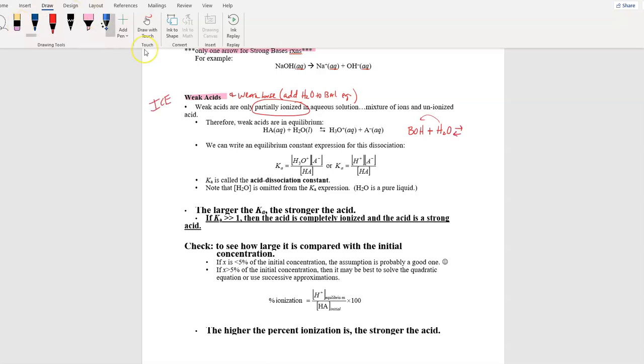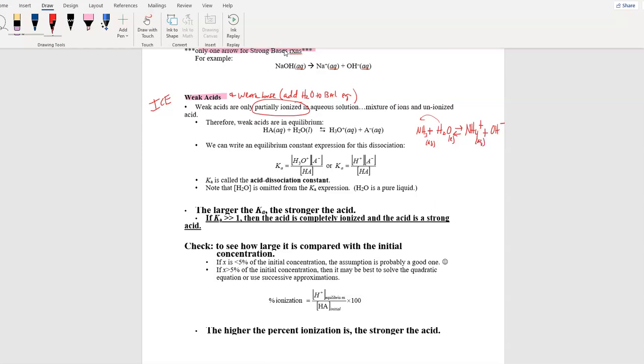Actually, let me just use the example of ammonia, because you're going to see that guy pop up a ton. So ammonia, aqueous, liquid water, and Arrhenius said it, if you're going to have a base, you need to be producing hydroxide. So if you don't add the water, where is the hydroxide?